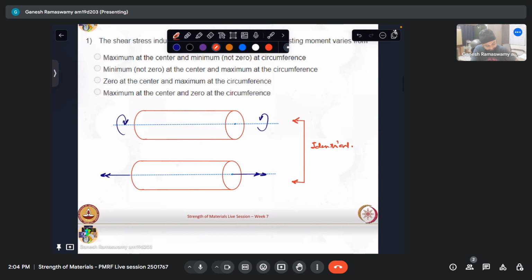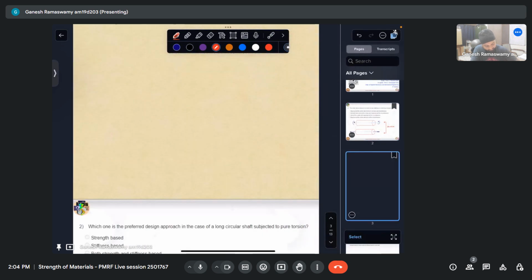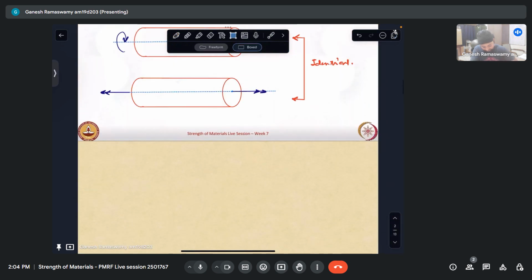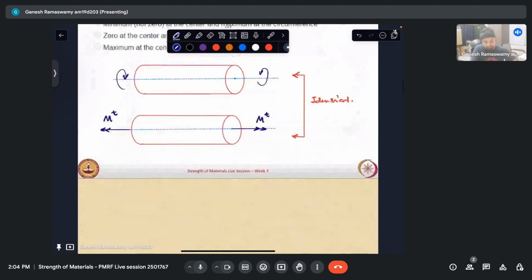All right. For a shaft that is subjected to such a twisting moment, I'll call the twisting moment MT. So this is also MT, since the shaft is in equilibrium.